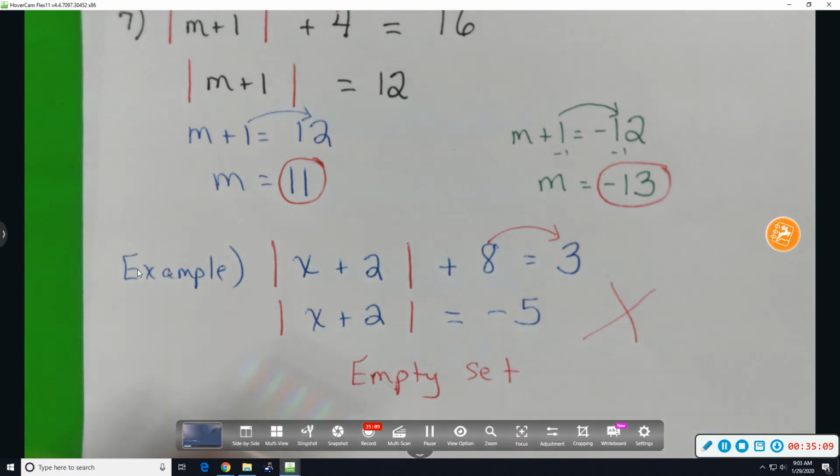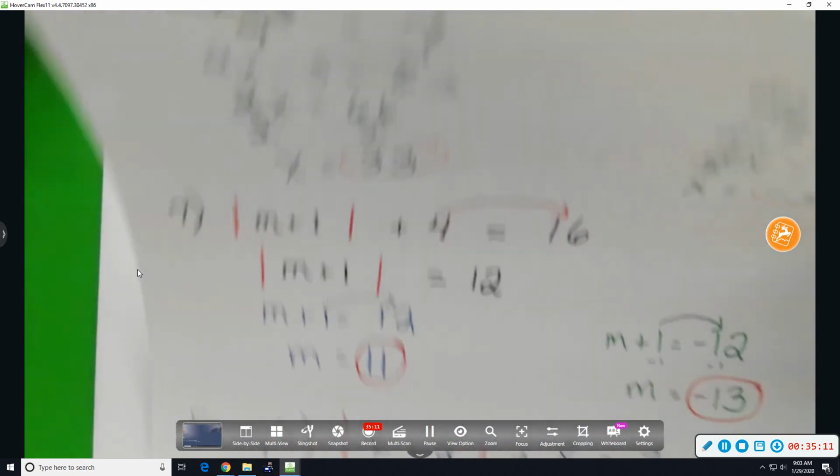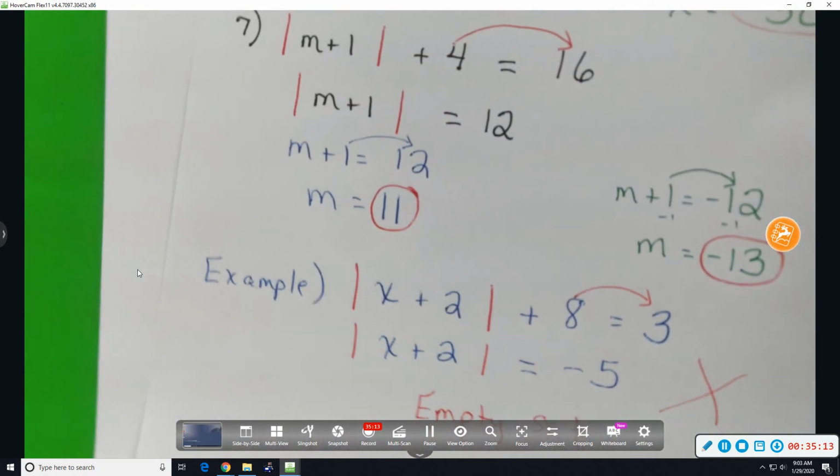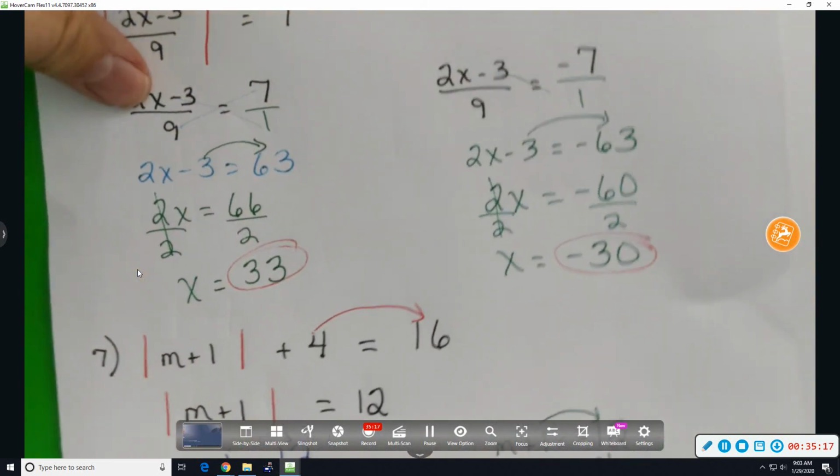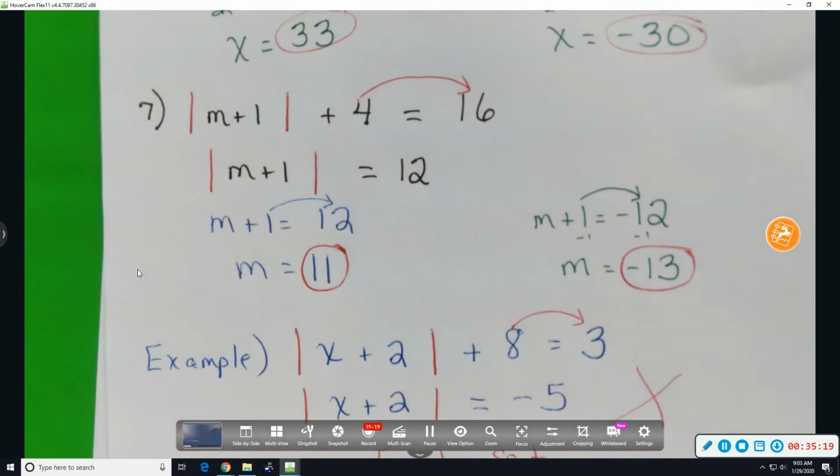I didn't like that example. Let me make up another one. There's a particular type of one that I have in mind here. I wanted it to look like the one I'd just done. So here's another example. I'll show it in a moment.